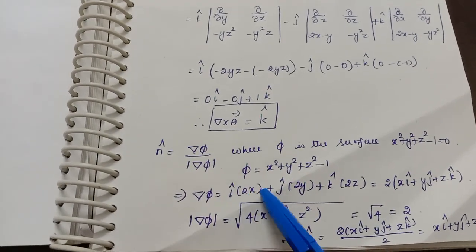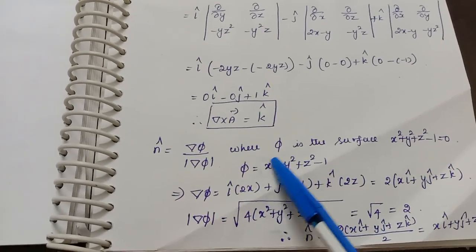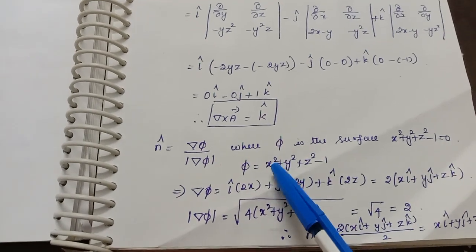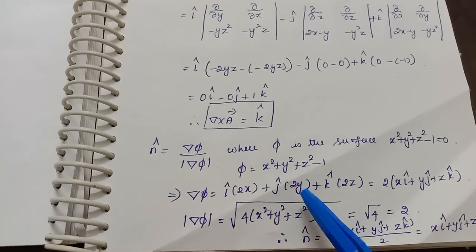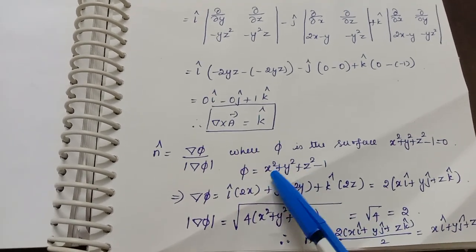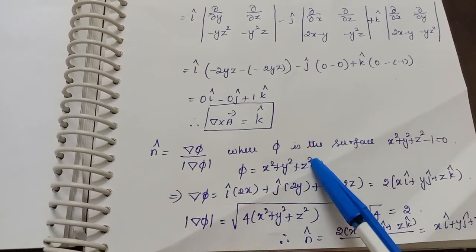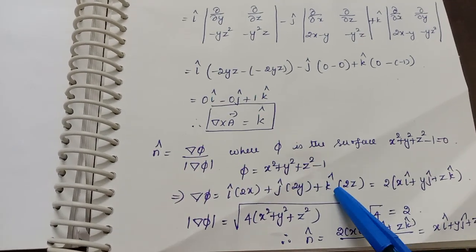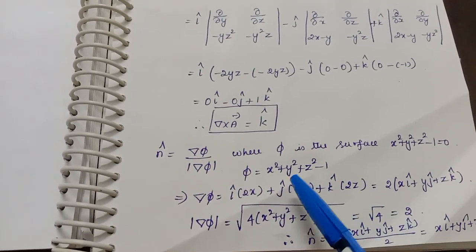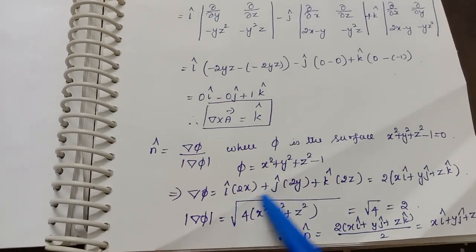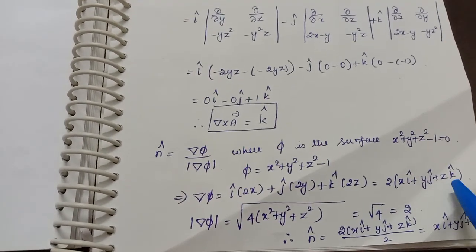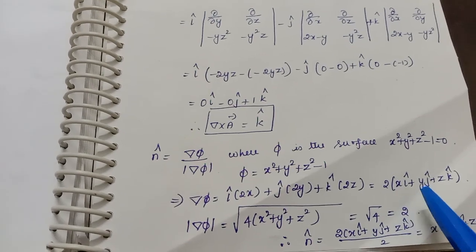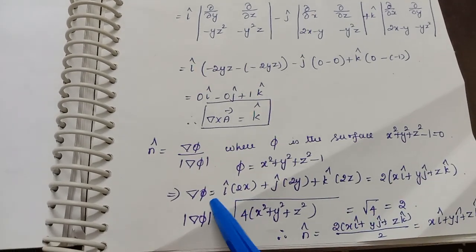So I cap into 2x plus j cap into differentiate again phi with respect to y. All the terms become 0, only this term will come, that will be 2y, plus k cap into 2z. Take 2 outside: 2 into (xi plus yj plus zk). So xi plus yj plus zk, this is what del phi.